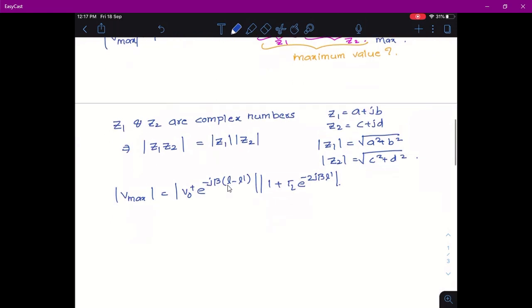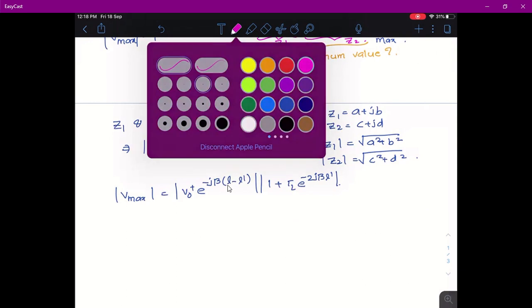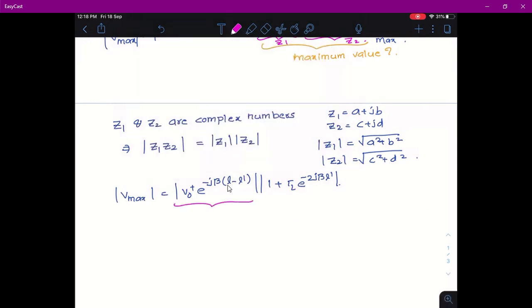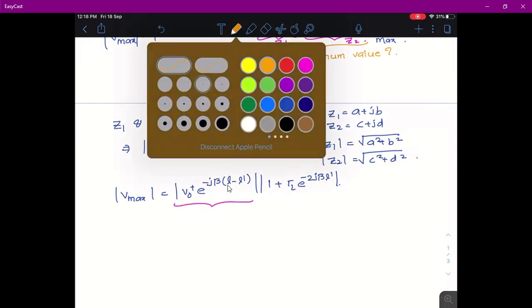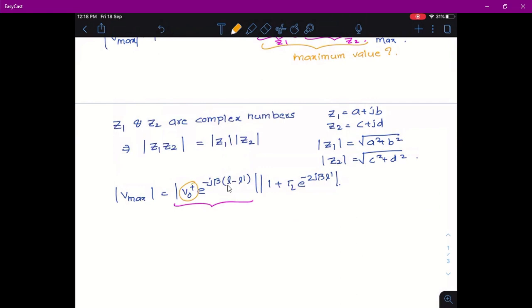Fine. Now, again, if you consider this quantity, this can be considered as Z1 and this can be considered as Z2, right.